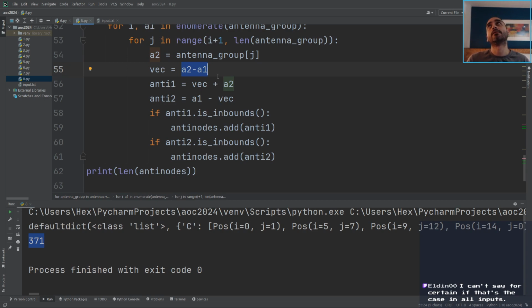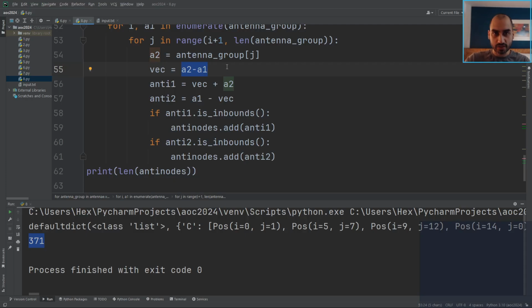Would that necessarily cover all integer spaces? It should, yeah. Anytime any multiple of this vector crosses an integer set of points, that point would necessarily be A2 plus some multiple of that smallest unit. Yeah, I believe that's true.